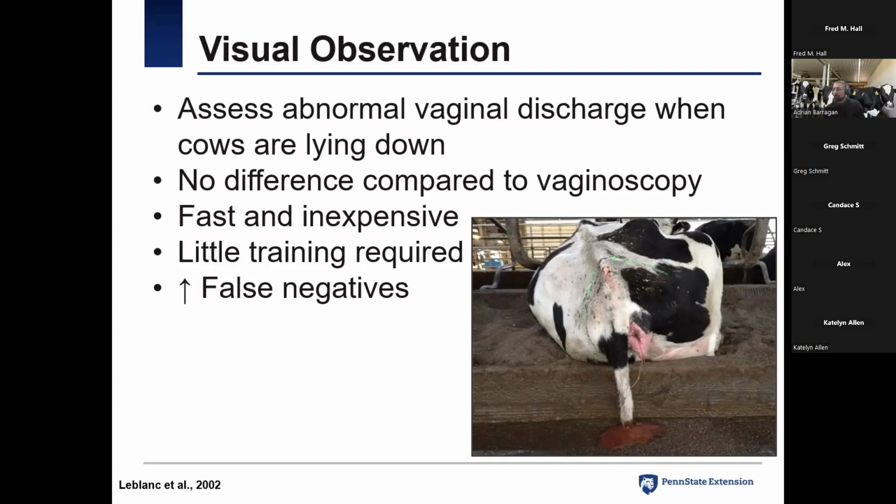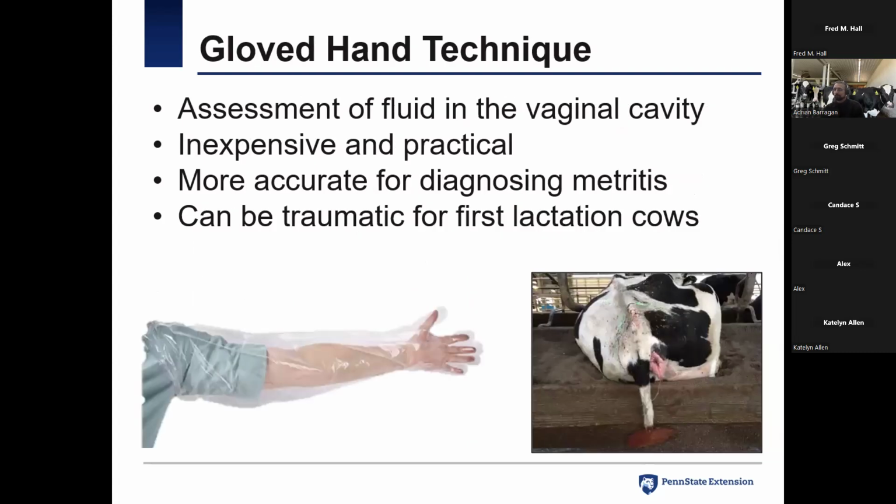And here we're going to be looking at these discharges, especially early on in the first couple of weeks after calving, as the cow progresses in lactation, that cervix is going to get smaller, it's going to start closing, so it's going to be less likely that fluid is going to come out. But it's a fairly easy, low handling stress diagnostic test. But you might end up with some false negatives, right? You're not going to find all the cows that might have this condition. But you'll definitely find the more severe ones.